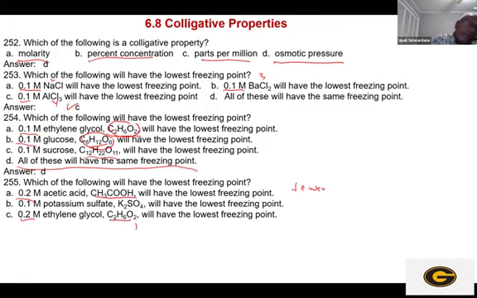This one has 3 ions. Therefore, 3 times 2 is 6 here. This is not completely dissociated. But this is 1. 1 times 2 is 2. Therefore, this has higher number of particles. Therefore, lowest freezing point is B.